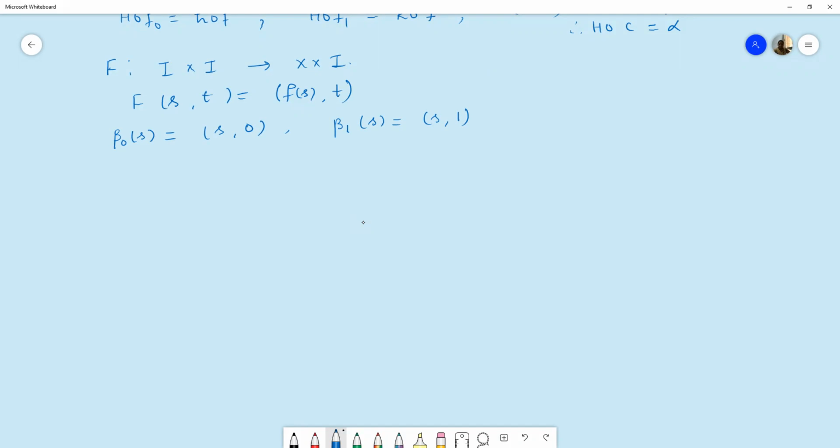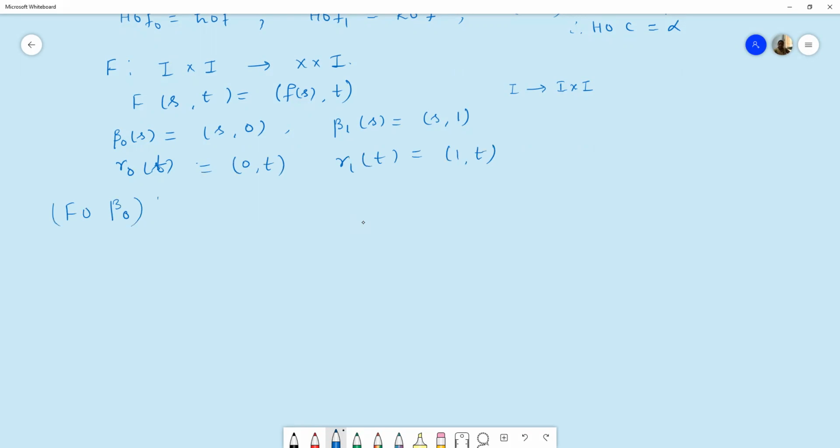So all these are basically mappings from I to I cross I, given by gamma naught at t, that is (0, t), and gamma 1 at t, that is (1, t). So let these be defined like this. Now what is the image of beta naught under capital F?